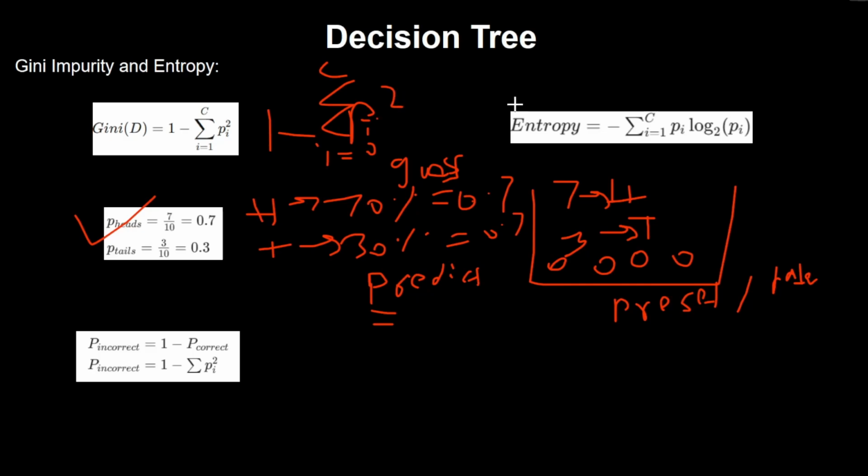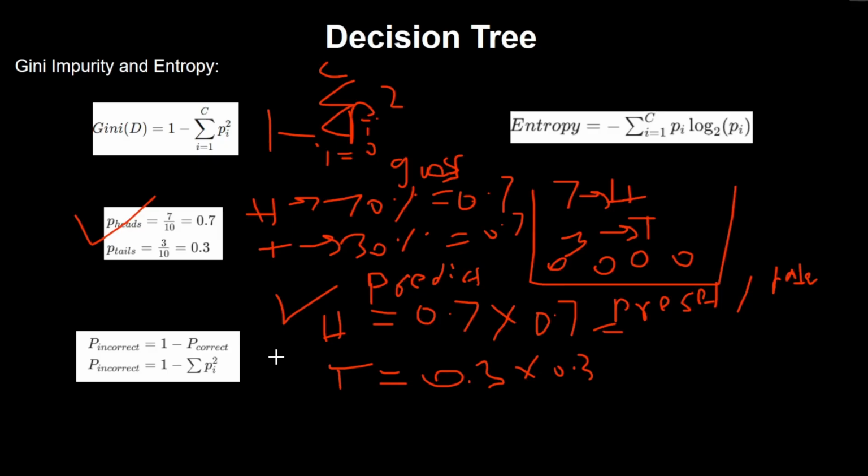So what's the probability that you correctly predict that it's a head? That is 0.7 times 0.7. Similarly, the probability that you correctly predict that it's tails is 0.3 times 0.3.